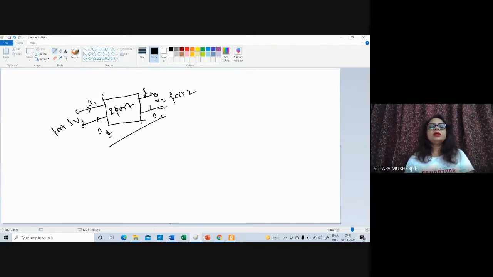So this is the basic concept of a two-port network. And if you consider a single-port network, it will have only one port. This is port 1. This is a single port.